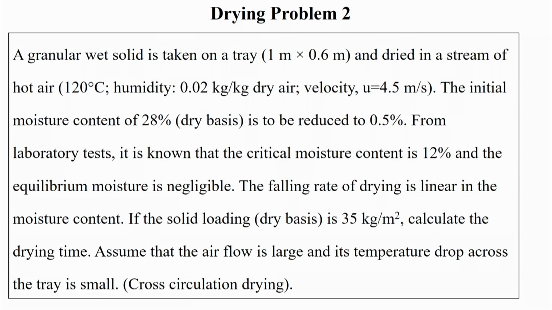Assume that the air flow is large and its temperature drop across the tray is very small. From this statement, we can assume it is cross circulation drying. Now we need to solve this problem and calculate the total drying time. The solution will be like this.